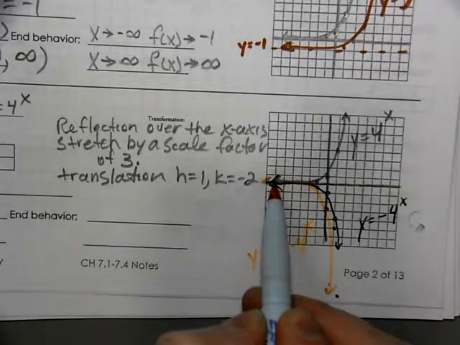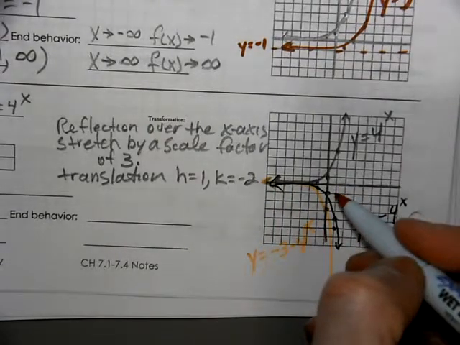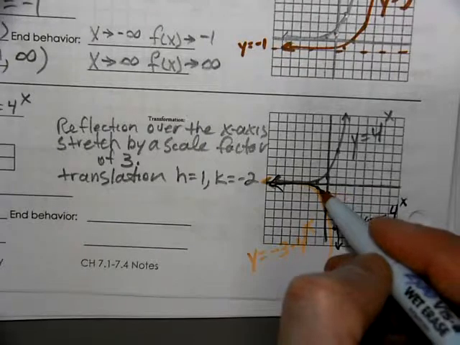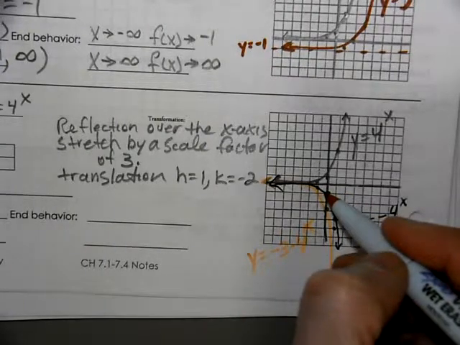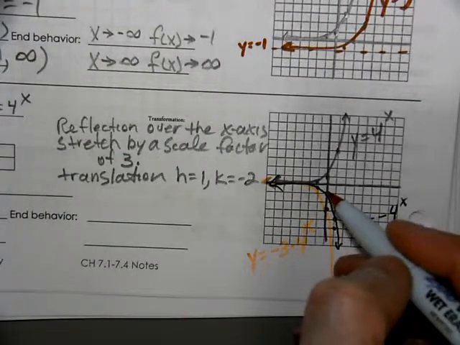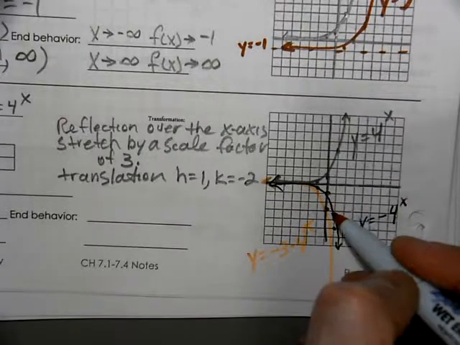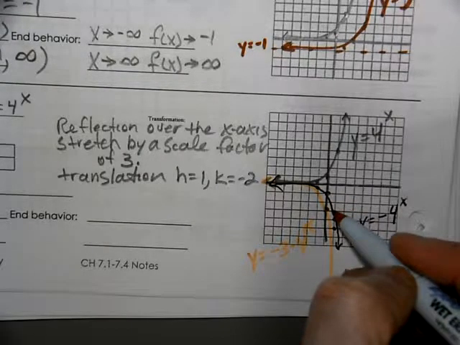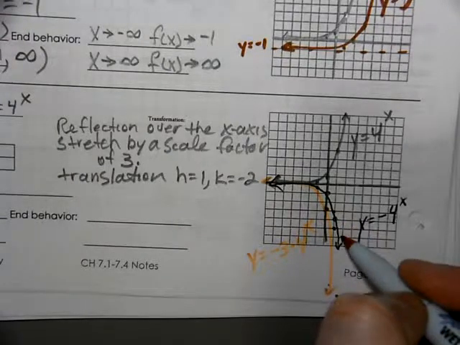But you're going to notice this one went over 1 and down 2. This one went over 1 and down 2.